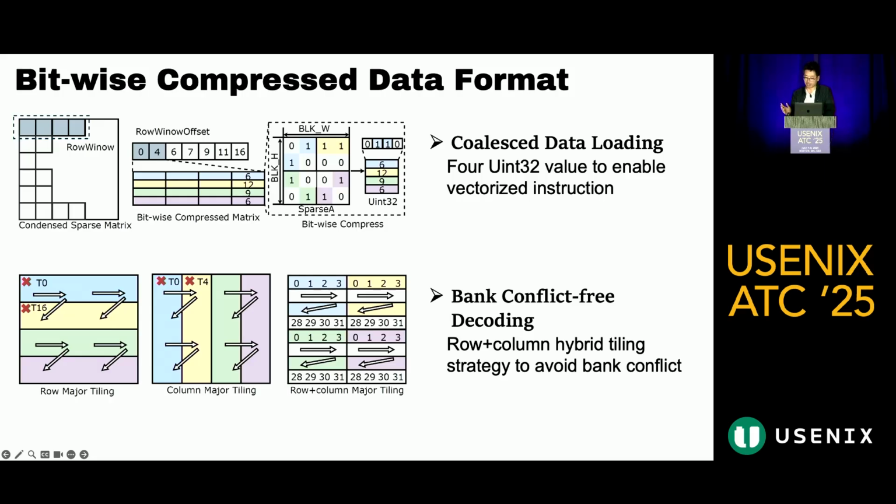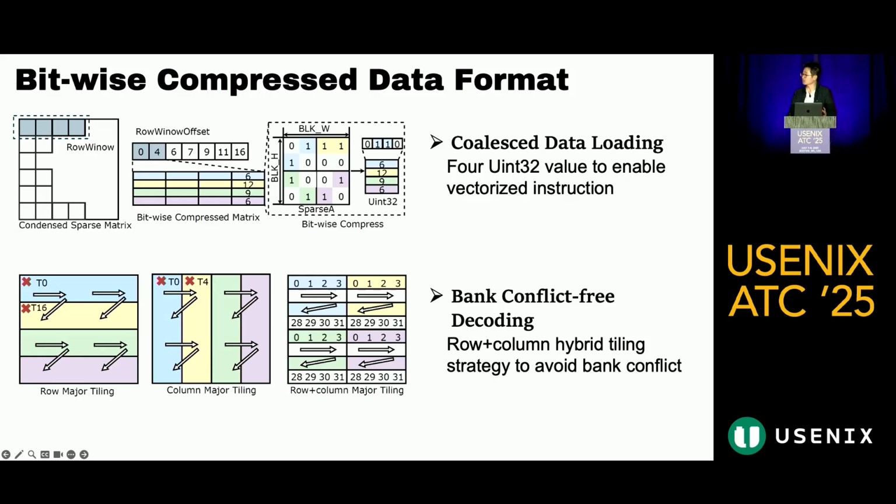So we introduce a new data format called BMAC, short for bitwise compressed matrix. As shown in the figure, we use a new data structure called load window offset to mark where each load window begins in the sparse matrix. Then we can represent each element in the sparse matrix, either 0 or 1, with just 1 bit.